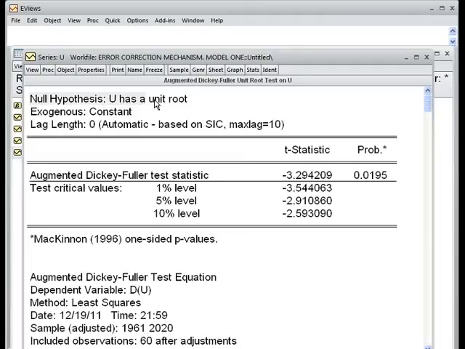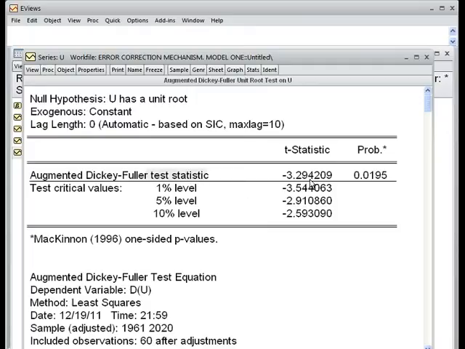That means U is stationary. I'm telling again, what is the guideline? The guideline is, if the test statistic is greater than the critical value, we can reject the null hypothesis and accept the alternative hypothesis.